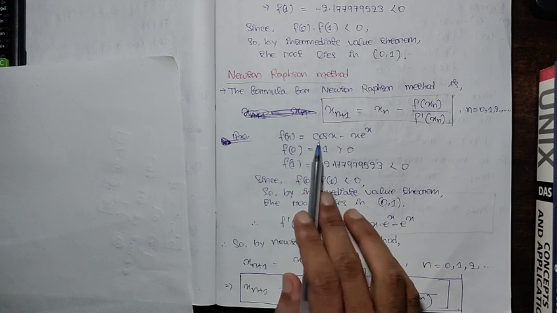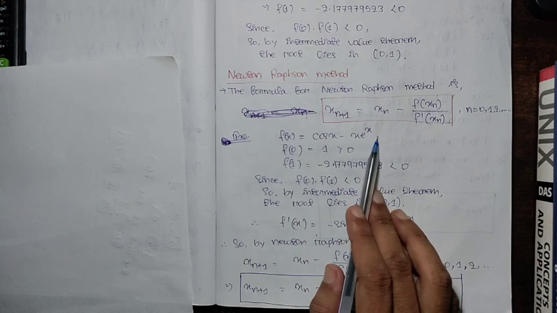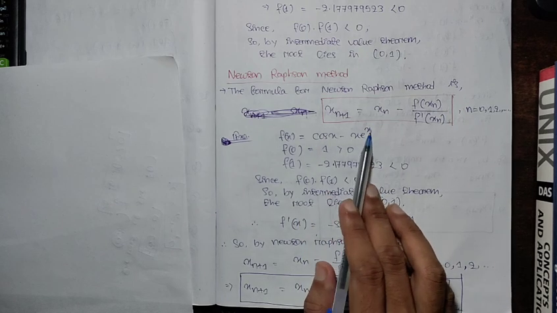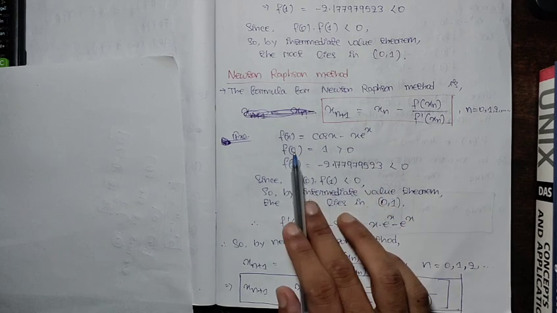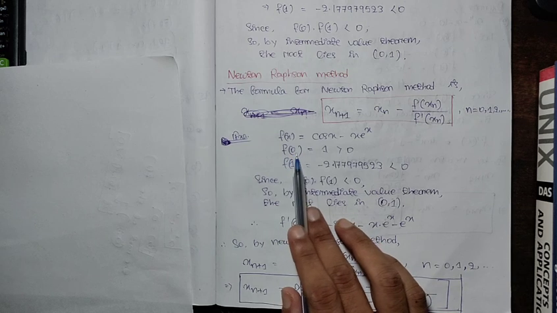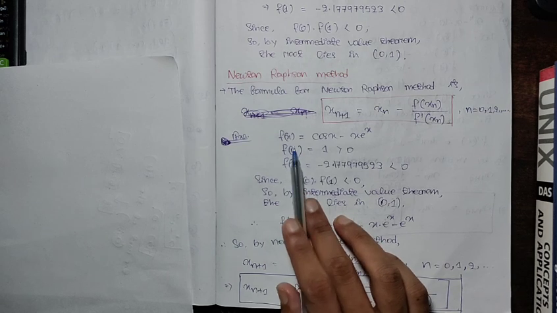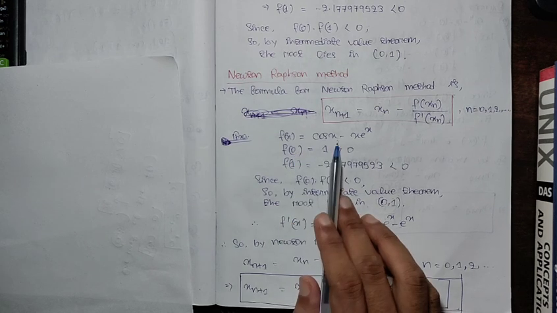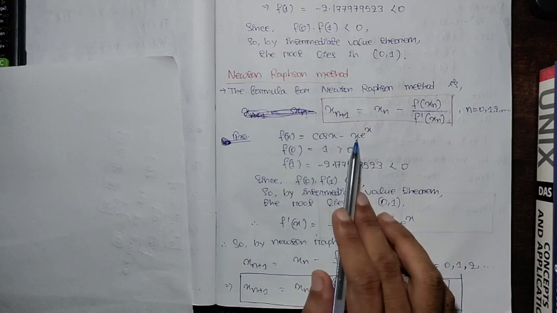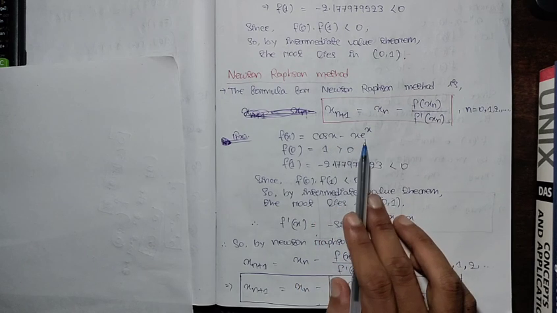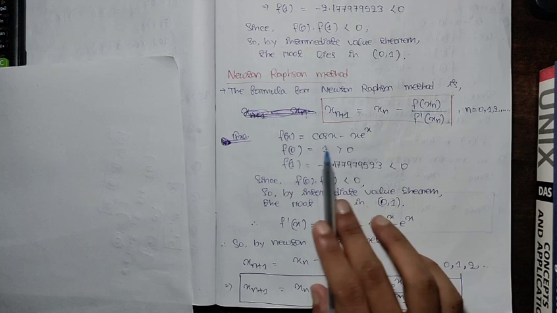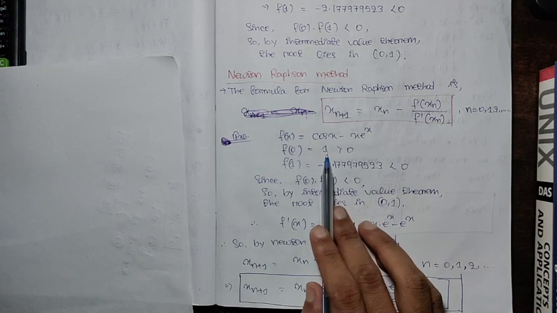So you should write f of x equal to the equation, that is cos x minus x e to the power x. So now the same thing, f of 0, put 0 in place of x, so cos 0 equal to 1, and 0 into e to the power something equal to 0, so f of 0 equal to 1.